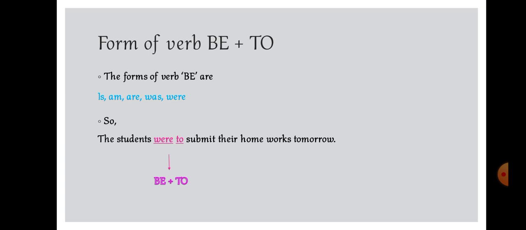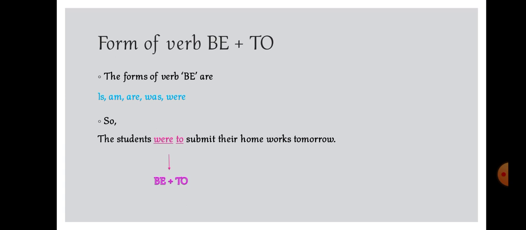Similarly, the verb be also has different forms. Those different forms are is, am, are, was and were. You need to remember that. Here we take the different forms of the verb be plus the word to, add those two and use it in the sentence.